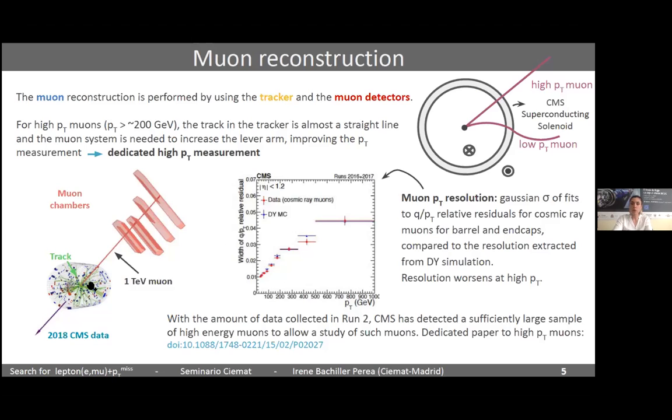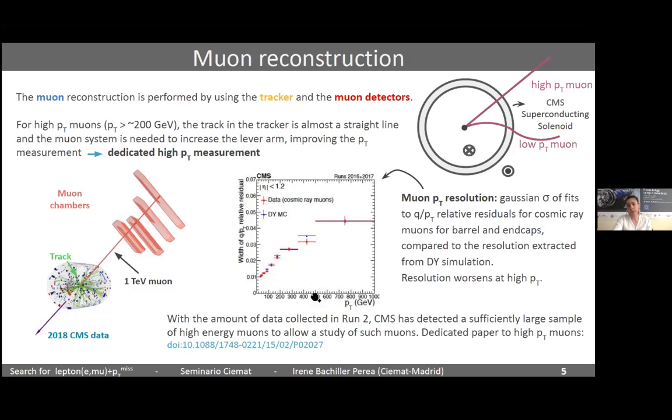So we need to enlarge the dimension of the detector. We need a bigger arm. So we introduce muon chambers. With this combination of tracker and muon chambers, we have a muon resolution.